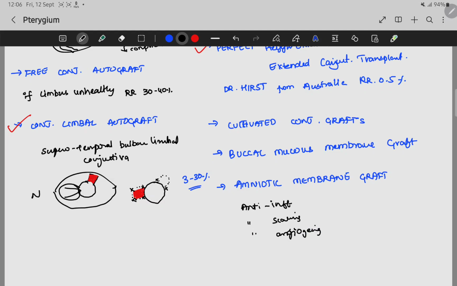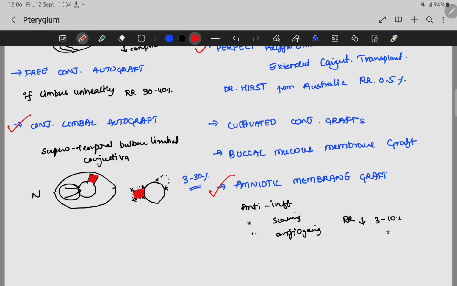That's why it is used either fresh or preserved. So here the recurrence rate is also very low, so that is 3 to 10%. So it is useful in cases of white pterygia, multiple heads, and when the enough tissue is not available. So this is also a good technique.